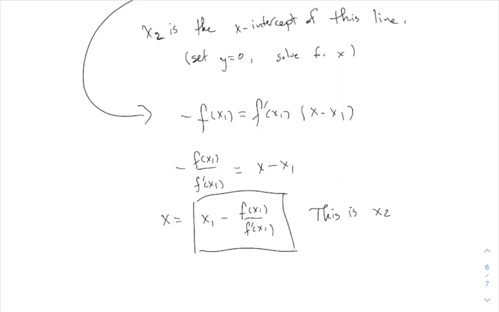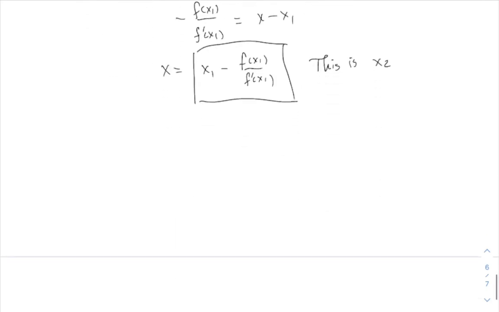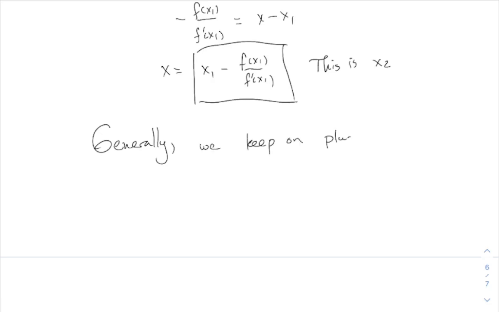So when you're doing Newton's method, you don't think about all of that stuff that I just said. You just remember this formula, which is very easy to remember, I think. You make a guess, that's x1, and then you just do this, x1 minus f of x1 divided by f prime of x1. And that gives you x2. So generally, we keep on plugging in to get better and better approximations.